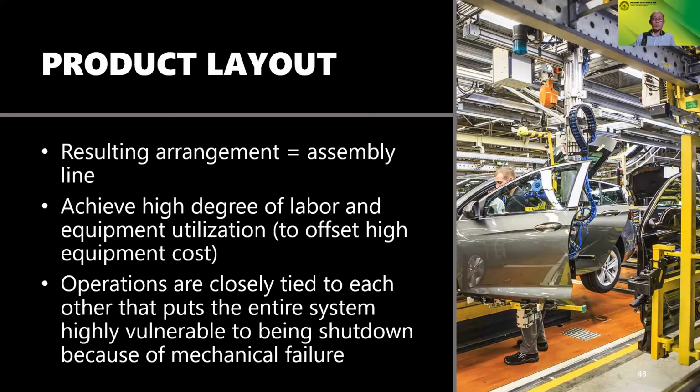Because items move quickly from operation to operation, the amount of work in process is often minimal. Consequently, operations are so closely tied to each other that the entire system is highly vulnerable to being shut down because of mechanical failure or high absenteeism.